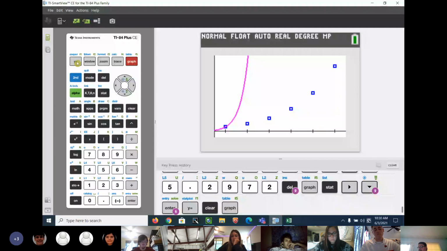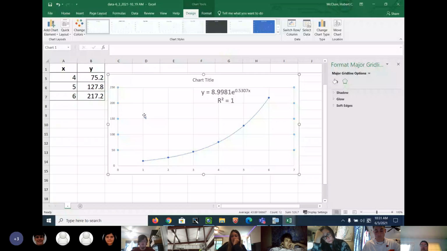I'm going to type in my answer, but I know it's probably going to be wrong because they want it a different way. Let's see what they get, and then we'll compare it algebraically. And it looks like B, Bravo. Okay.